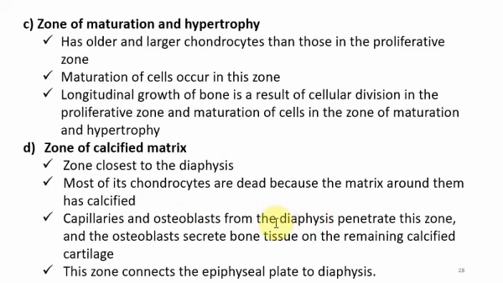The osteoblasts are responsible for secretion of bone tissue on the remaining calcified matrix. Basically, the zone of calcified matrix links the epiphyseal plate to the diaphysis.